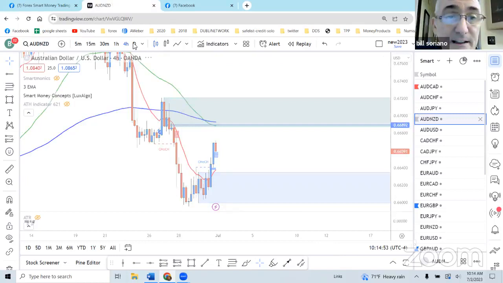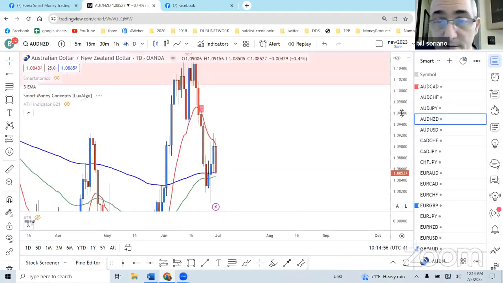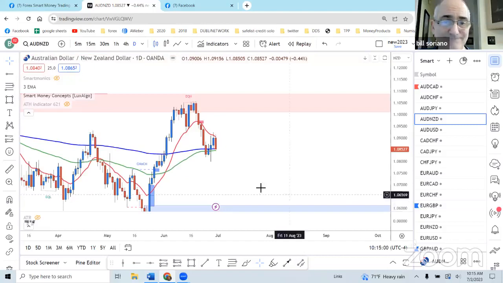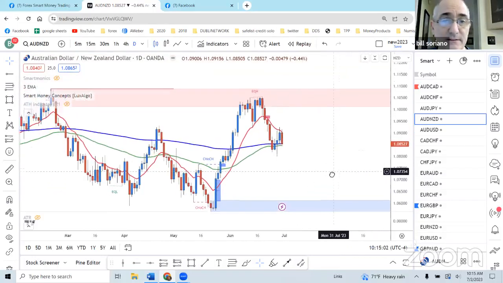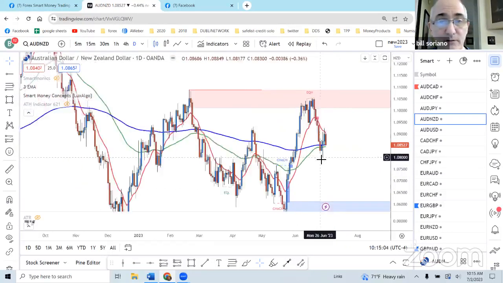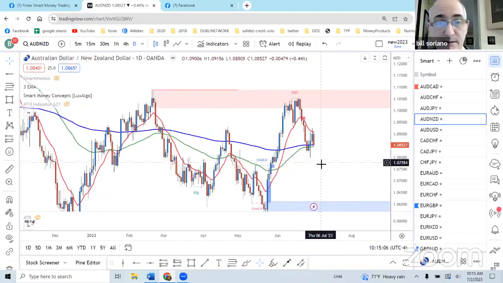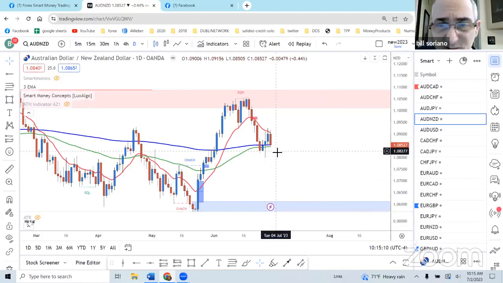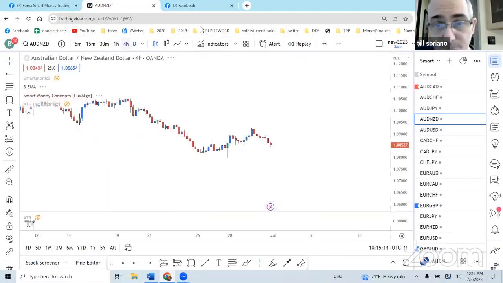AUD NZD on the daily. Order flow is definitely bullish here on the daily. Yeah, I would have to say the daily is bullish.